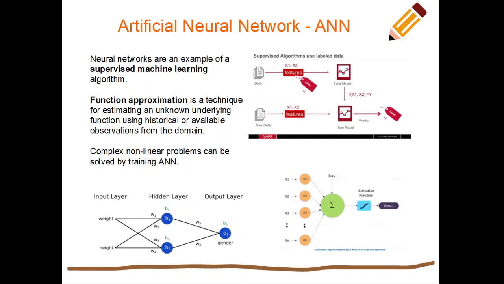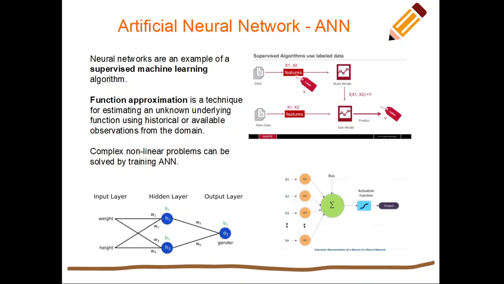So we are here. An artificial neural network is fundamentally a supervised training algorithm. It basically can be used as a supervised training algorithm. The advantage of using an artificial neural network over other ways of doing supervised training is that it can learn complex nonlinear relationships between input data and the target or label values.